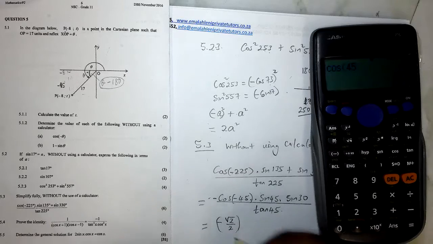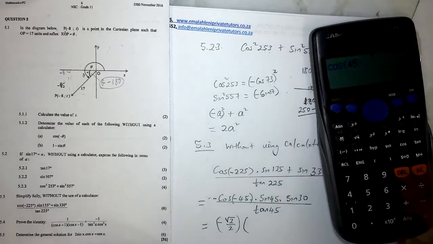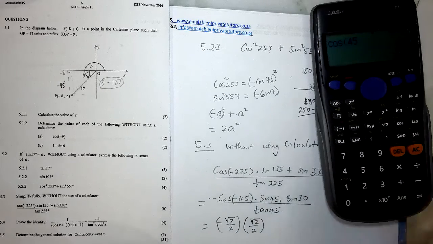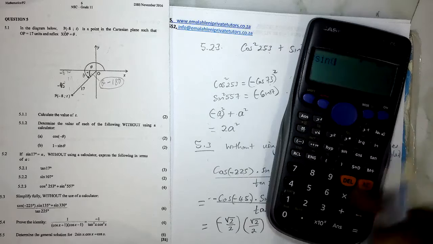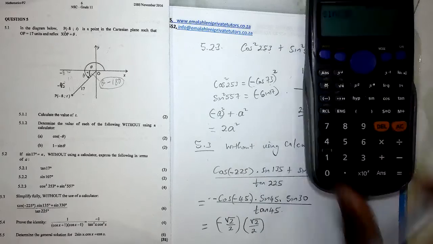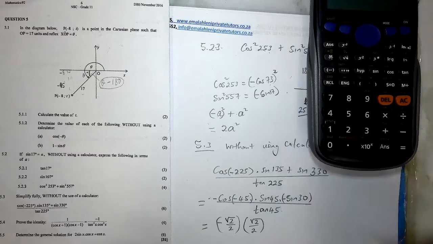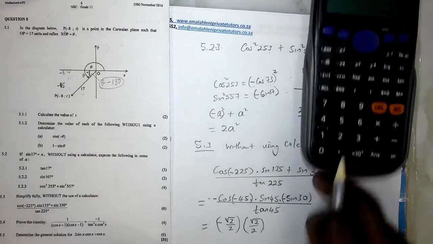We put in brackets, remember. Then cos 45 and sin 45, they are equal. So root 2 over 2. Then what do we have? Sin 330 is supposed to be negative, sorry. Negative sin 30, because it's negative in the fourth quadrant.